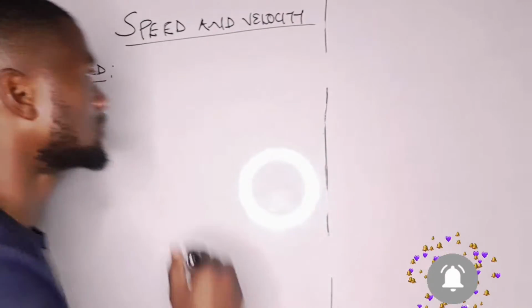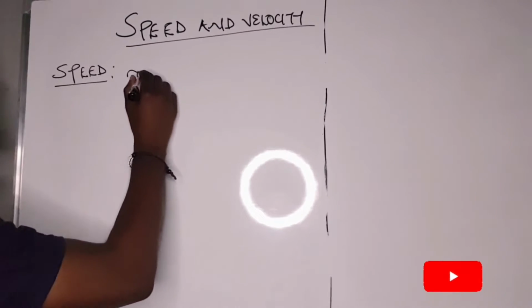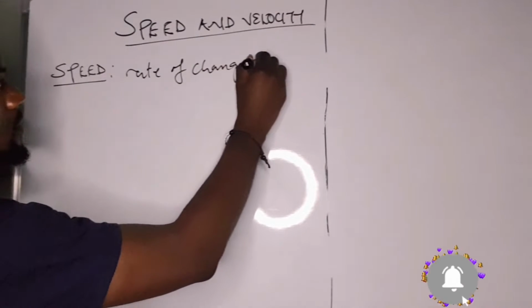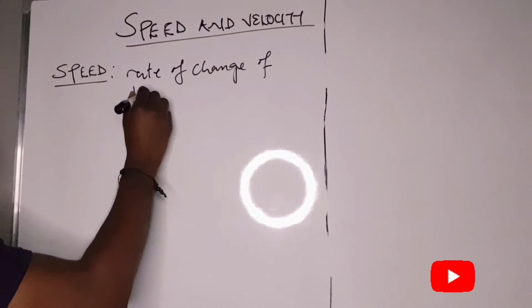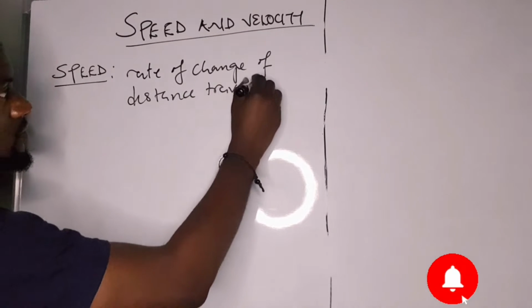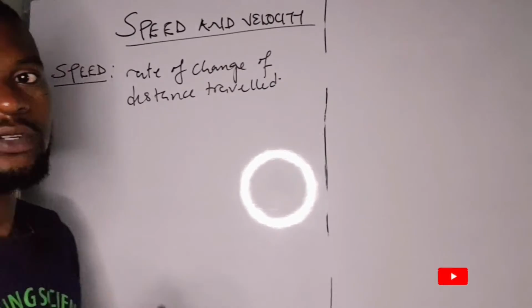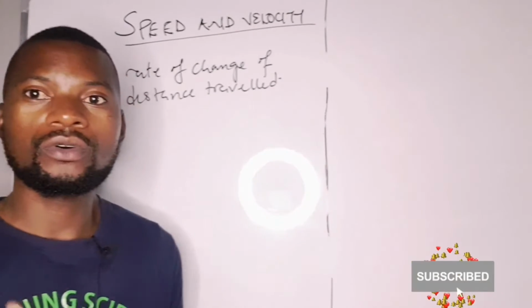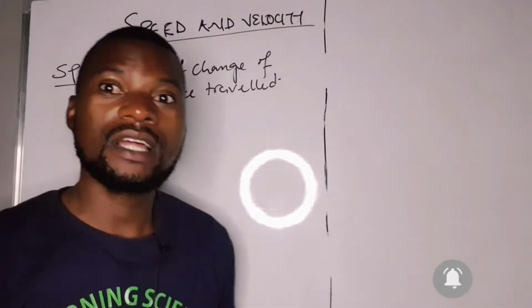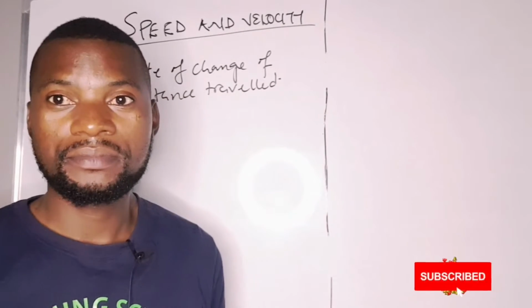So speed is the rate of change of distance traveled, or you can say speed is the distance traveled per unit time.